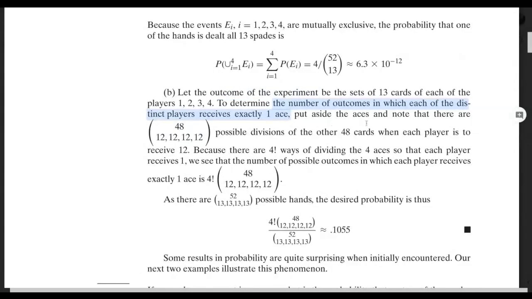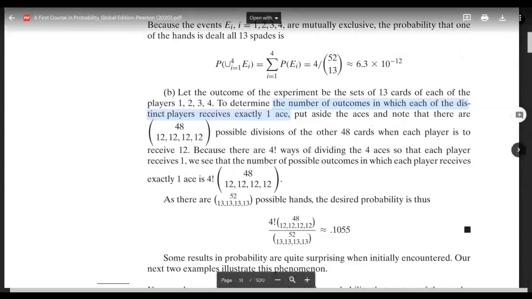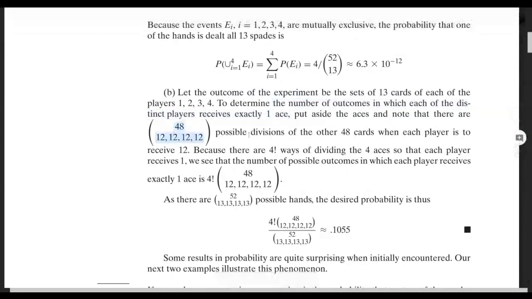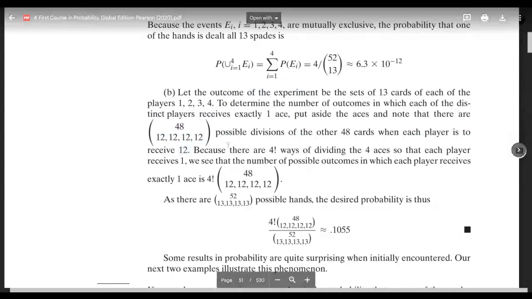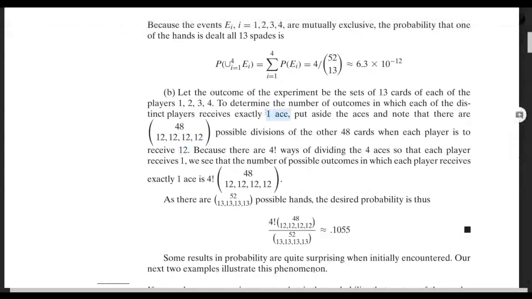Put aside the aces and note that there are this many possible divisions of the other 48 cards when each player is to receive 12. Because we imagine each one receives 1 ace. 52 minus 4 aces, the 48 cards left. And each one's supposed to get 13, but they got 1 ace already, so 12 cards left.